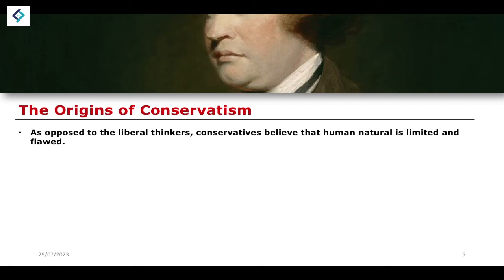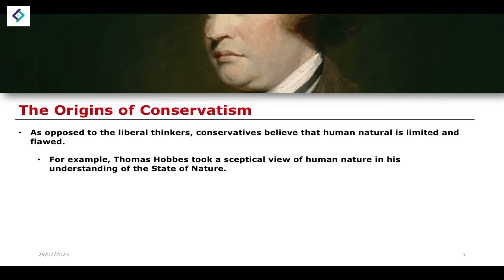Conservatives believe that human nature is limited and flawed, and this is where we can go to a pre-conservative philosopher, Thomas Hobbes. It would be incorrect to call Thomas Hobbes a conservative, because he was writing before conservatism came into existence.